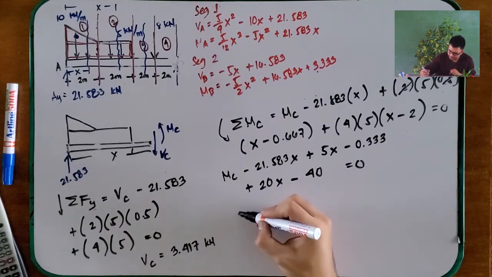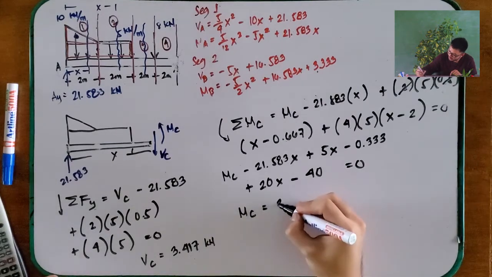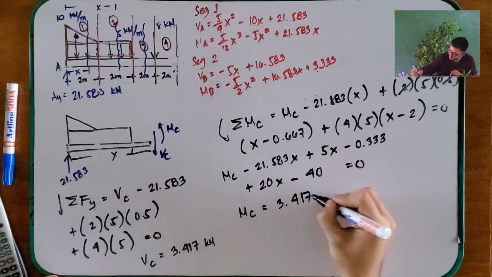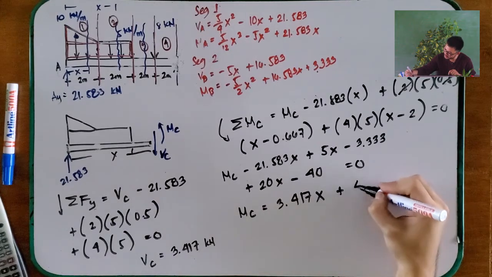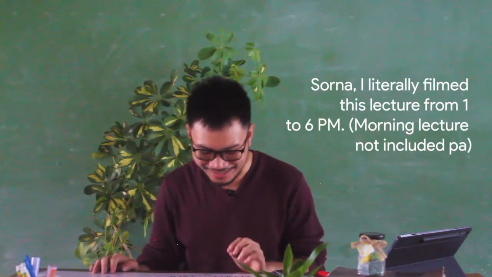So that is MC is equal to 3.417x plus 43.333. This is suffering, okay?